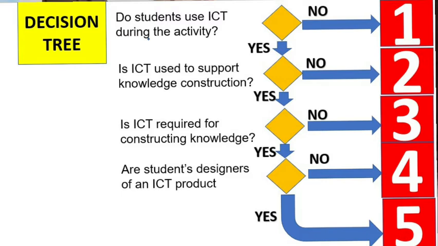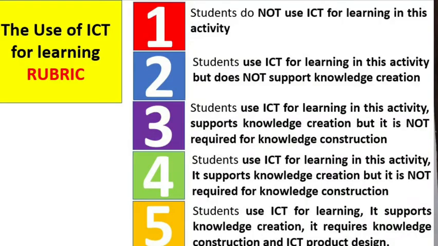If the answer is yes, we then call the activity a 5. Good. So if the activity entails that the students are not designers of an ICT product, it is coded a 4. But if yes, it is determined that students are designers of an ICT product, the activity is coded a 5. And so that is it on the decision tree.